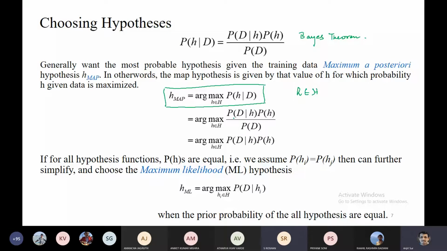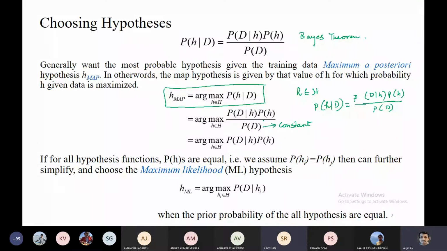Now you just use the Bayes theorem here. We can say P of H given D is P of D given H, P of H by P of D. This is the Bayes theorem, exactly as written here. Now this P of D is a constant because it does not depend on the hypothesis. It is the data, and we don't have any control over it with the hypothesis.